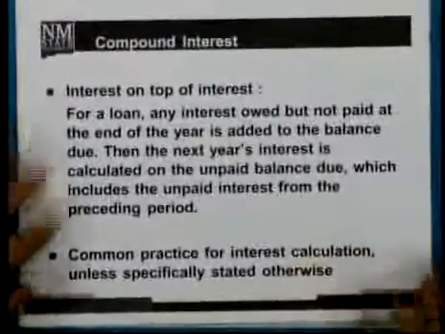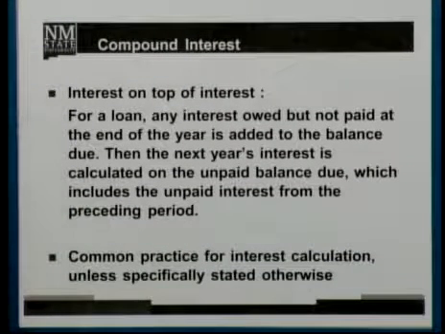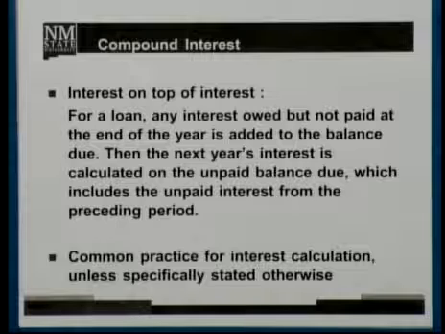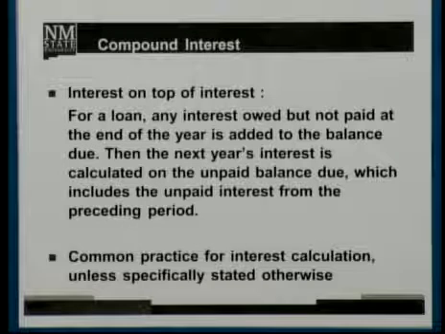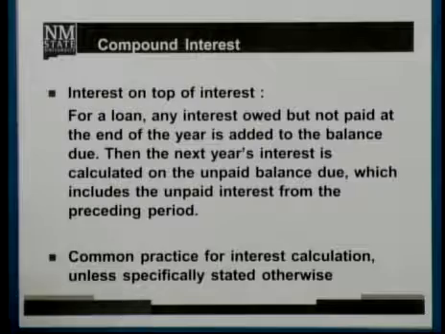In other words, in this class, we are much more interested in compound interest. The calculation of compound interest is based on the current unpaid balance that includes the principal amount and any unpaid interest from the preceding period. Okay?